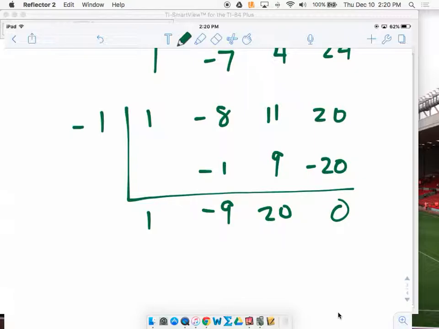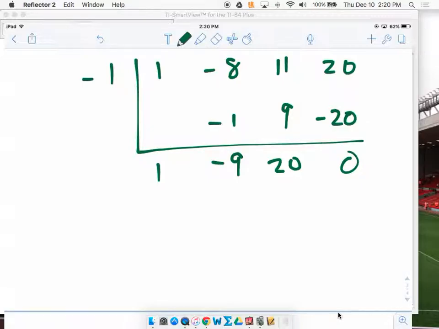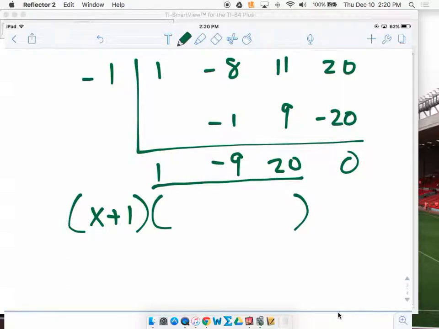So what does that tell me? Right. So I have a factor of x plus 1, and then what am I left with? What is this going to turn into? Very good.